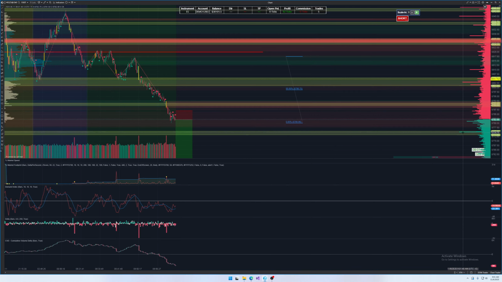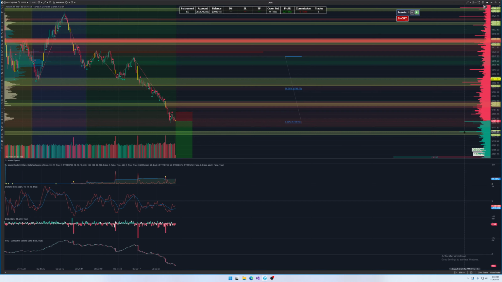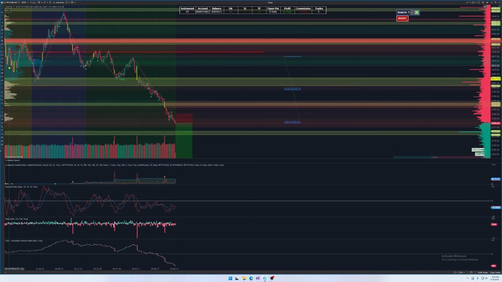Yeah, it looks like those areas which we have marked here, there's a long queue of limit orders here as well. So while the market is playing around here a little, let me set a little marker here.